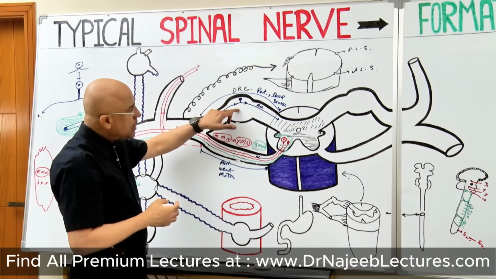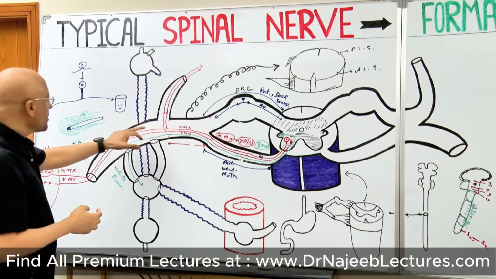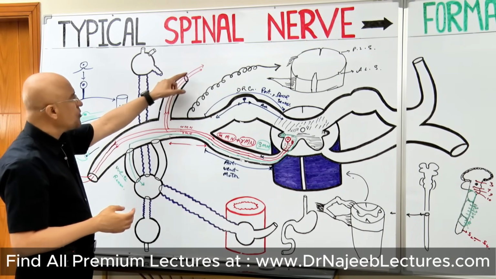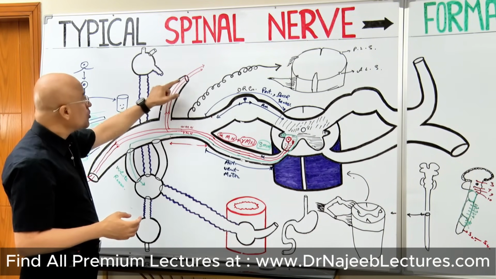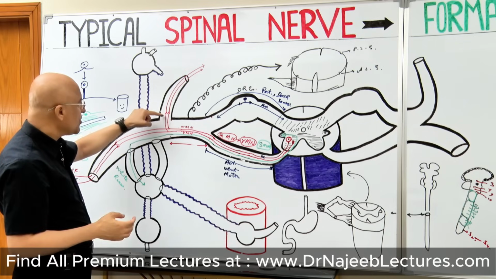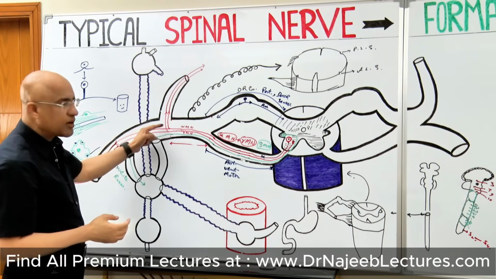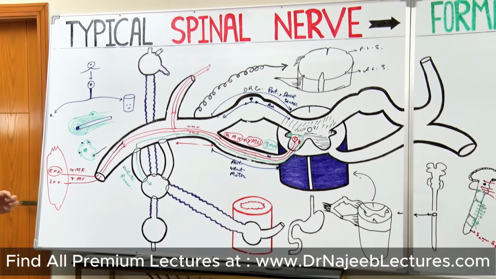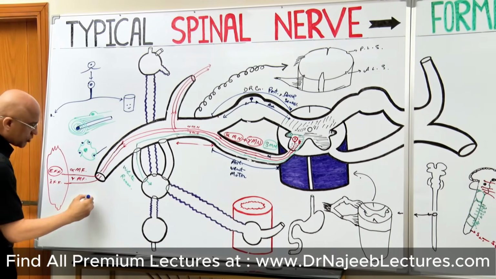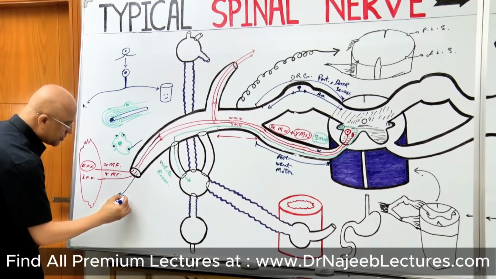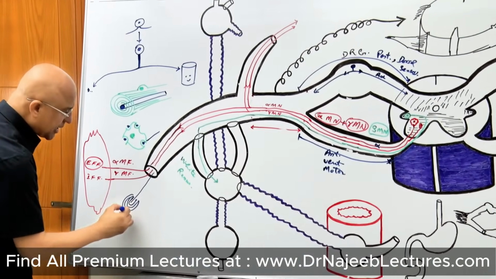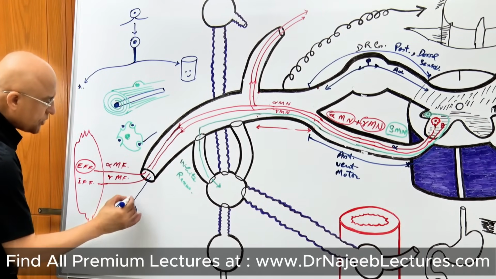because the fibers which are taking sensory information from peripheral parts of the body through the dorsal ramus and ventral ramus, for example, this is a sensory fiber which is connected to, suppose, a Pacinian corpuscle. You know, they are concerned with sensations, or Merkel's corpuscle, or free nerve endings.